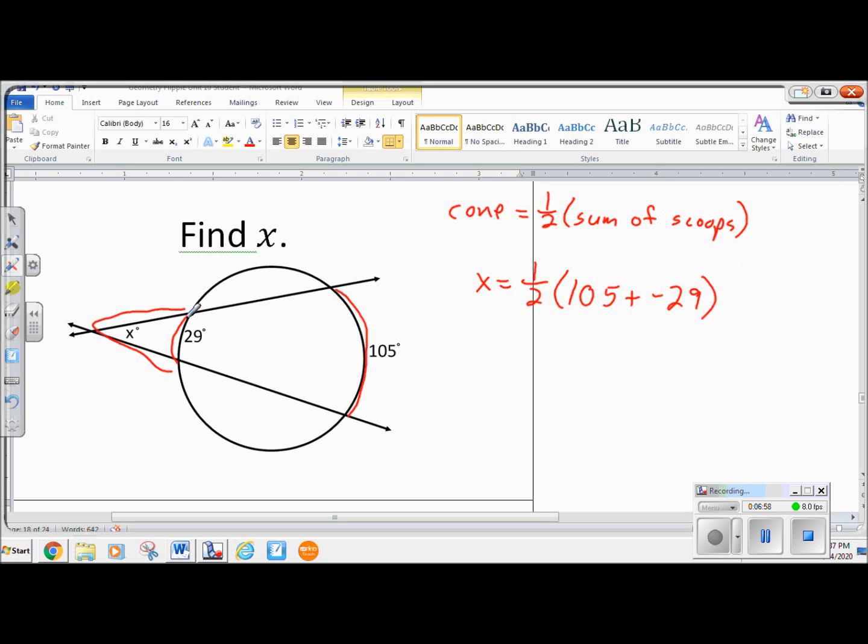This scoop digs into the cone, so it's negative ice cream. This is half of 76, so x is 38. Remember, when your scoop digs into the ice cream cone, it's a negative scoop of ice cream.